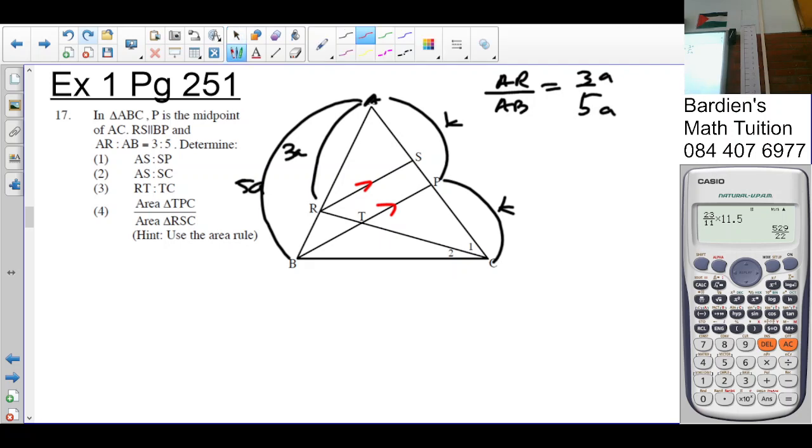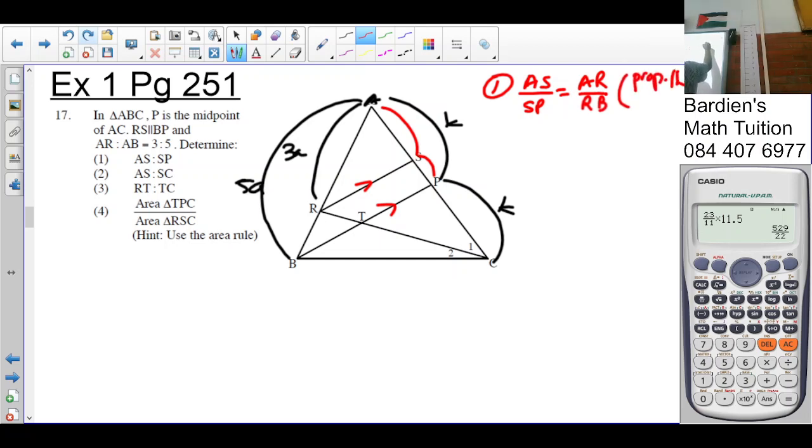The question says determine AS is to SP. But we know that AS over SP is equal to AR over RB. Why?